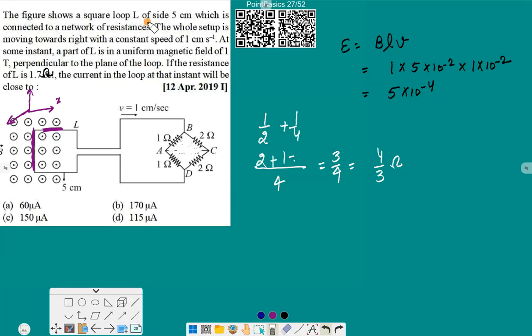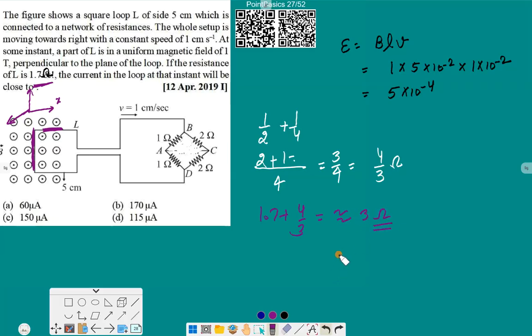And we also have, it was mentioned that, yes, here it is, the resistance of the loop is 1.7 ohm. So total resistance will be 1.7 plus 4 by 3. 4 by 3 is 1.33. So it will be approximately 3 ohm.